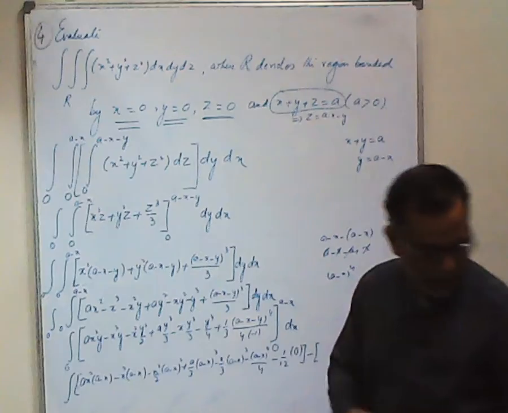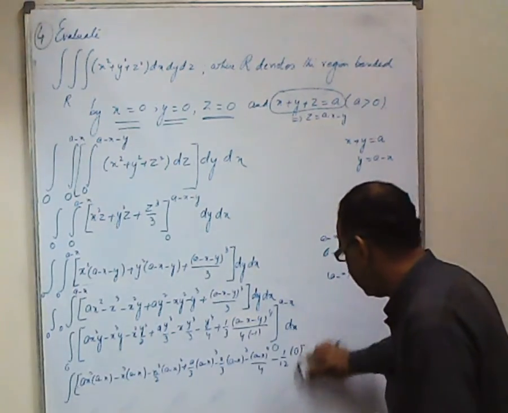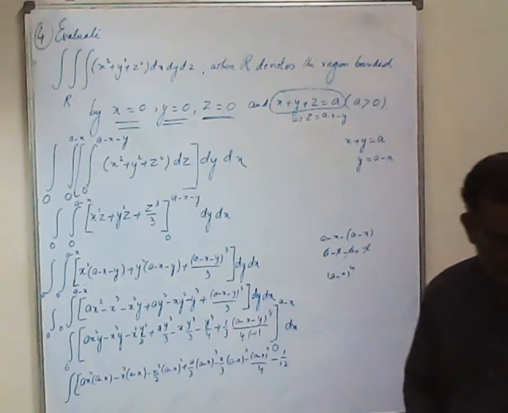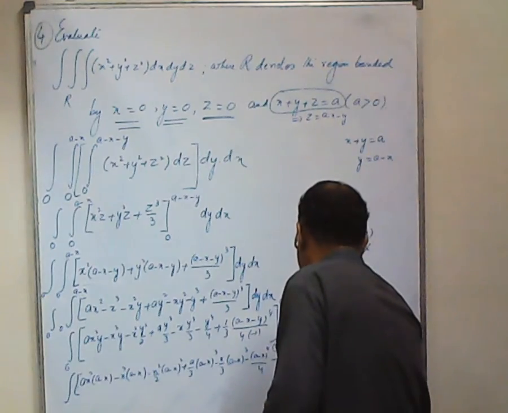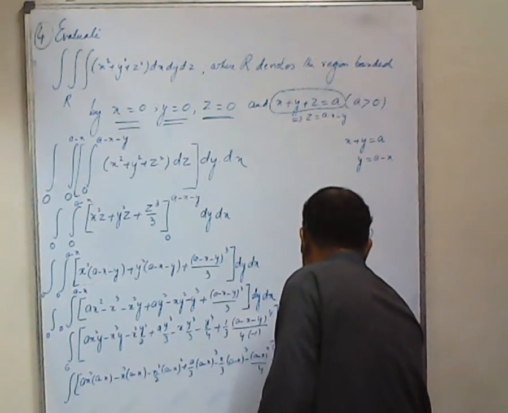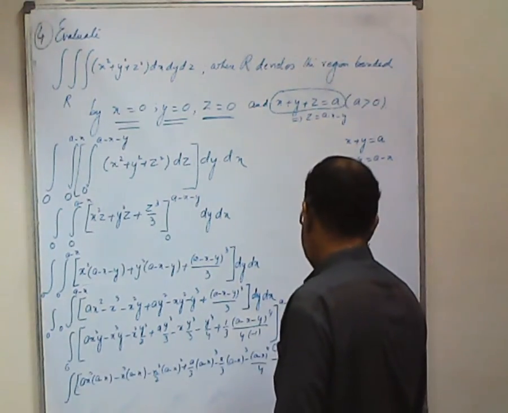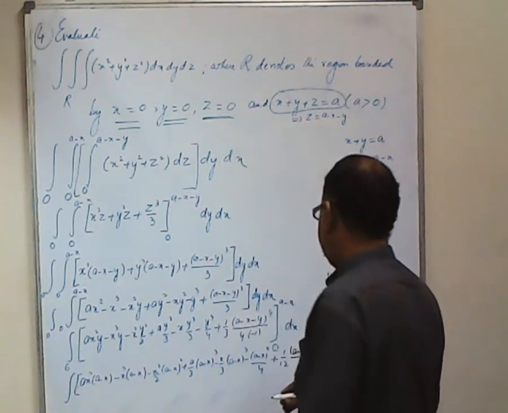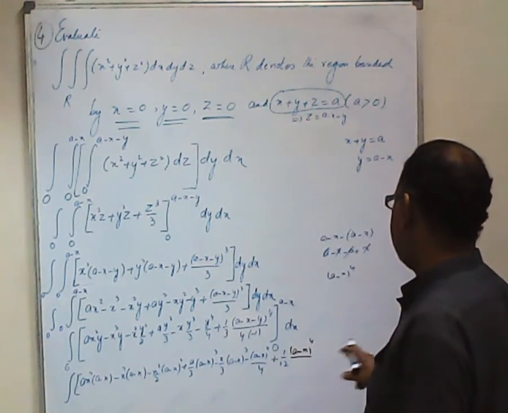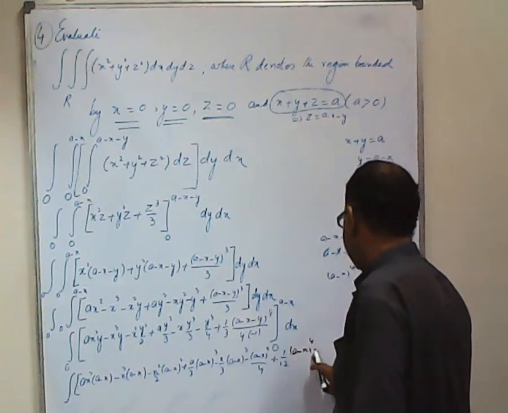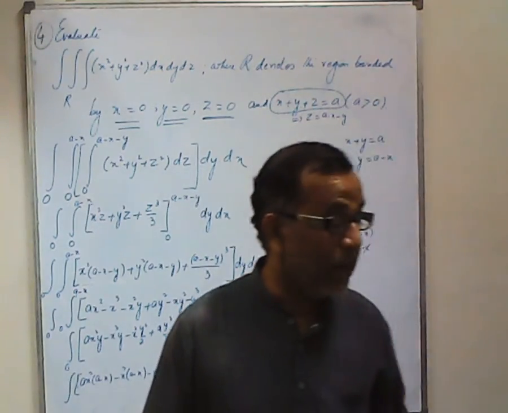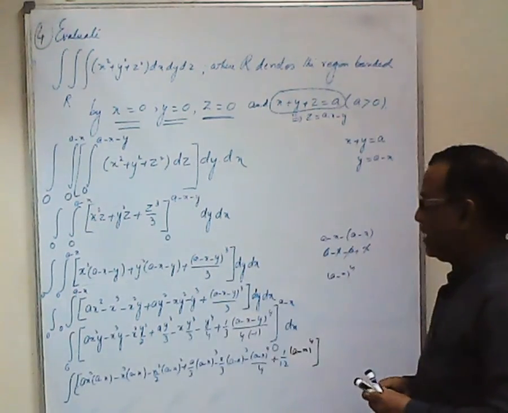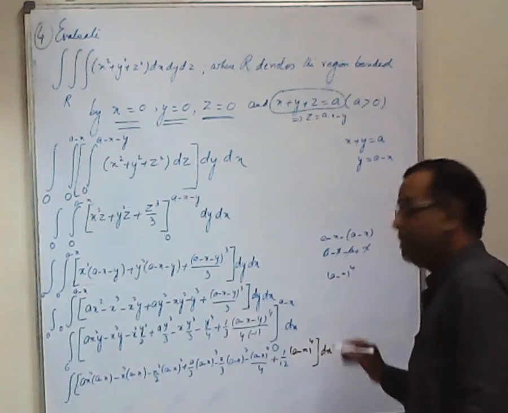So we will only have a minus x whole power 4 upon, this automatically becomes plus, because with the negative sign we have this one and this one. Please look at this very carefully, because it is important to understand how I am substituting the limits.